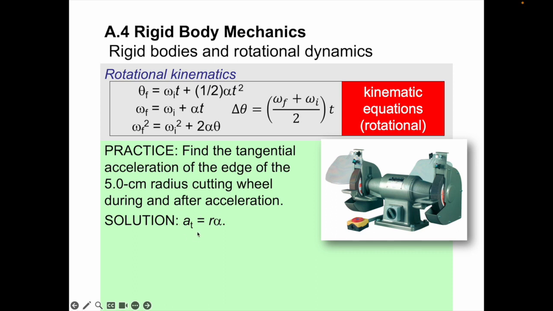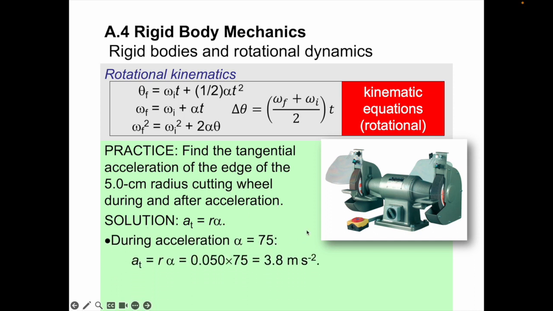Remember, our linear acceleration is going to be equal to the angular acceleration times the radius. So during the acceleration, we have an angular acceleration of 75. We can plug in our 0.05 in SI units from our 5 centimeters times our 75 that we found for our acceleration.